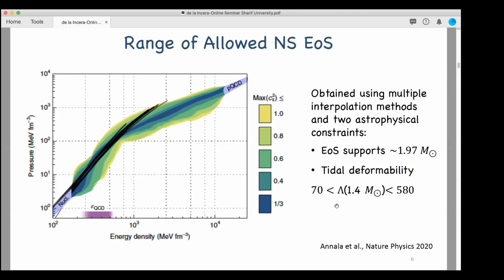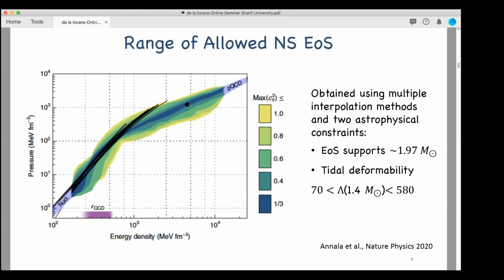And what they found is that the behavior of the equation of state using these interpolations pretty much indicates a transition to a quark matter phase. They used the speed of sound interpolation method. And what they found is that the quark matter phase is favored, particularly in very massive stars.